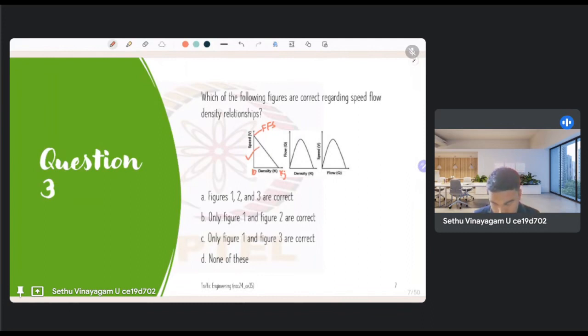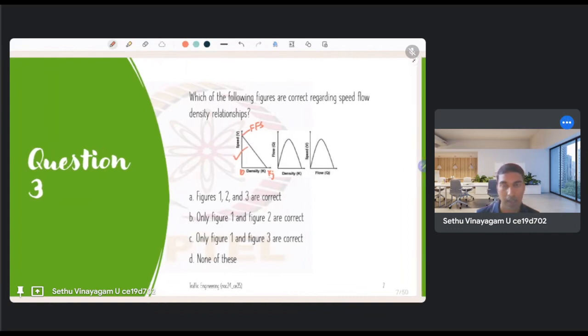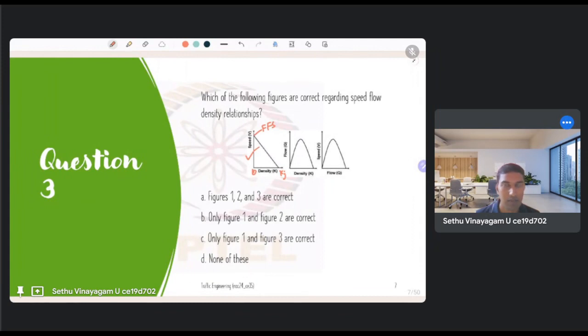When the density is 0, you do not have enough vehicles on the road, so therefore the flow will be smaller. Flow is basically the number of vehicles that are crossing a particular location on the road in a given period of time. So when you have fewer vehicles because the density is small, your flow will also be smaller, so this part is fine.